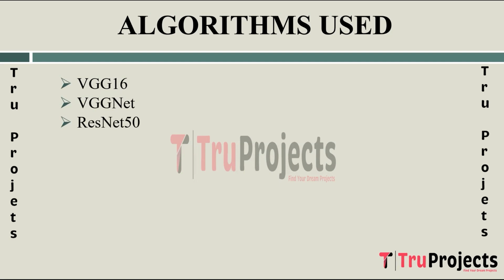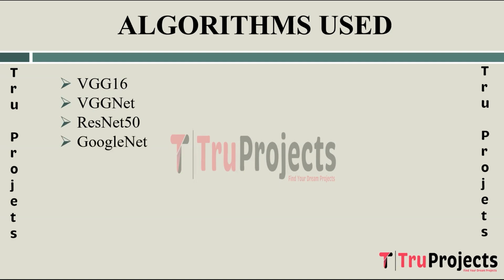ResNet 50 is part of the ResNet residual network family, known for its deep structure and the introduction of residual connections. These connections enable the passing of information from one layer to several layers deeper, mitigating the vanishing gradient problem and allowing the training of very deep networks. ResNet 50 specifically has 50 layers and has shown impressive performance in various image recognition tasks.